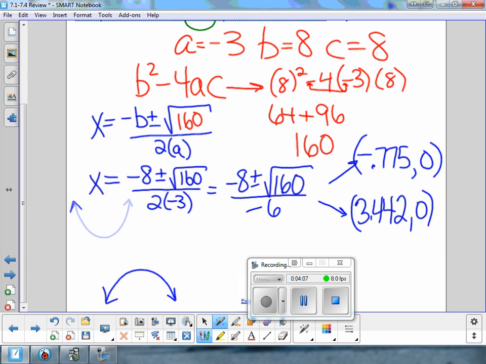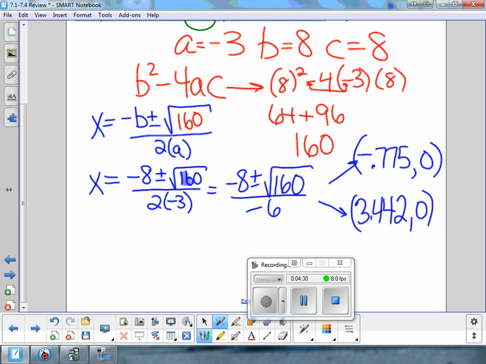The other thing that could happen is the discriminant comes out to be 0. If the discriminant was 0, think about what this equation would look like. You would be doing negative 8 plus or minus 0. Well, what's negative 8 plus 0? Negative 8. What's negative 8 minus 0?